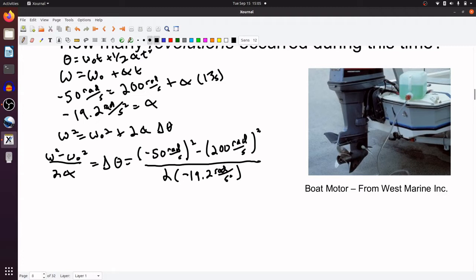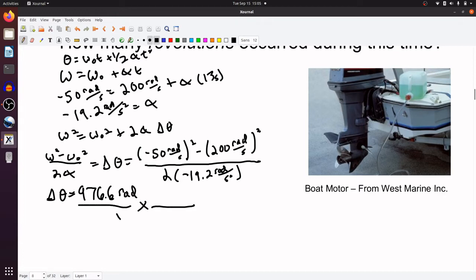Negative 50 squared is going to be 2500, and I'm going to subtract 200 squared and then divide that by 2 and then divide that by negative 19.2, which is going to give me a positive 976.6. That's also in radians.